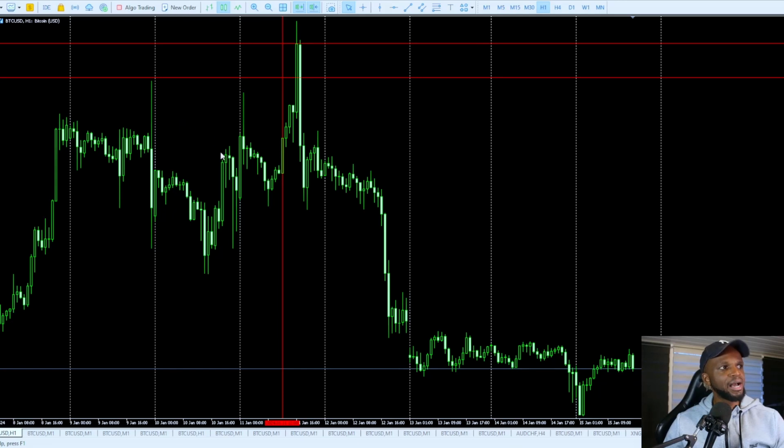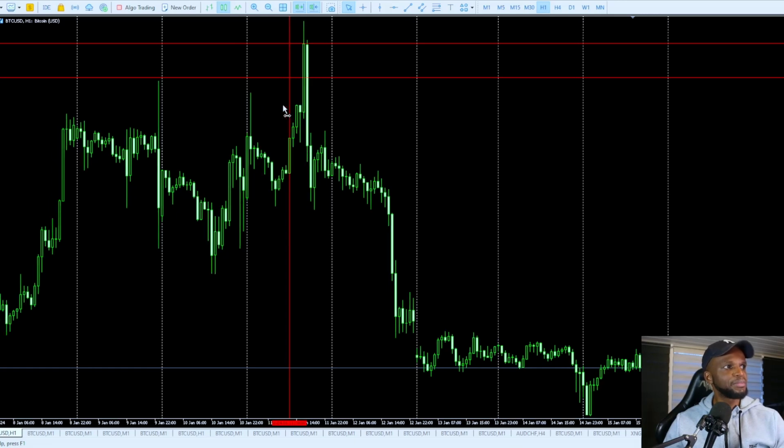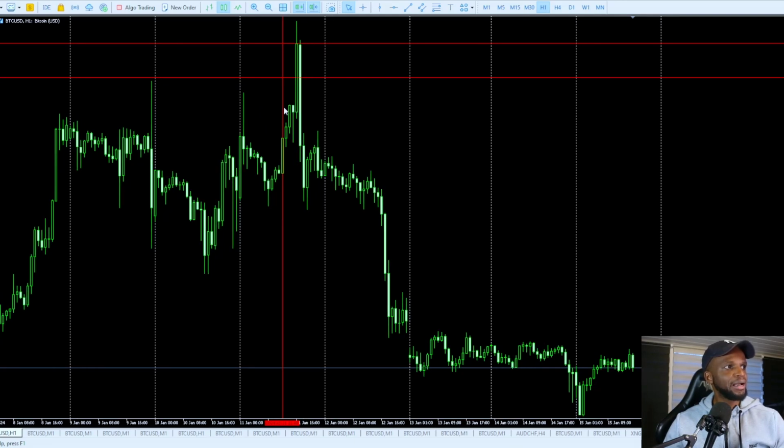So what I'm going to do is I'm going to wait for price to go back there again and then see what it does. And then hopefully go in for a sell trade. Okay, so I wait for price to come this way, and then it goes up all the way up here.